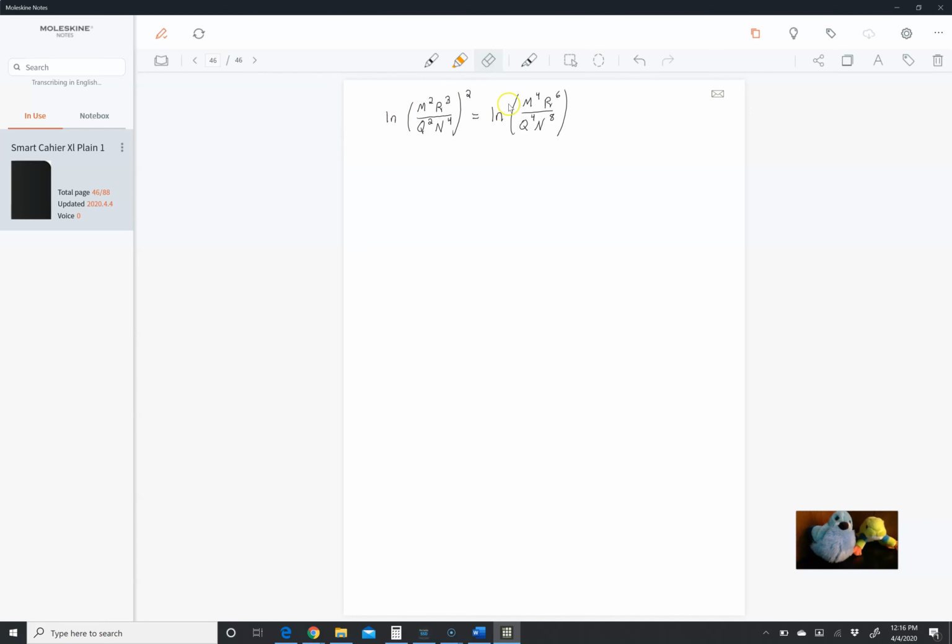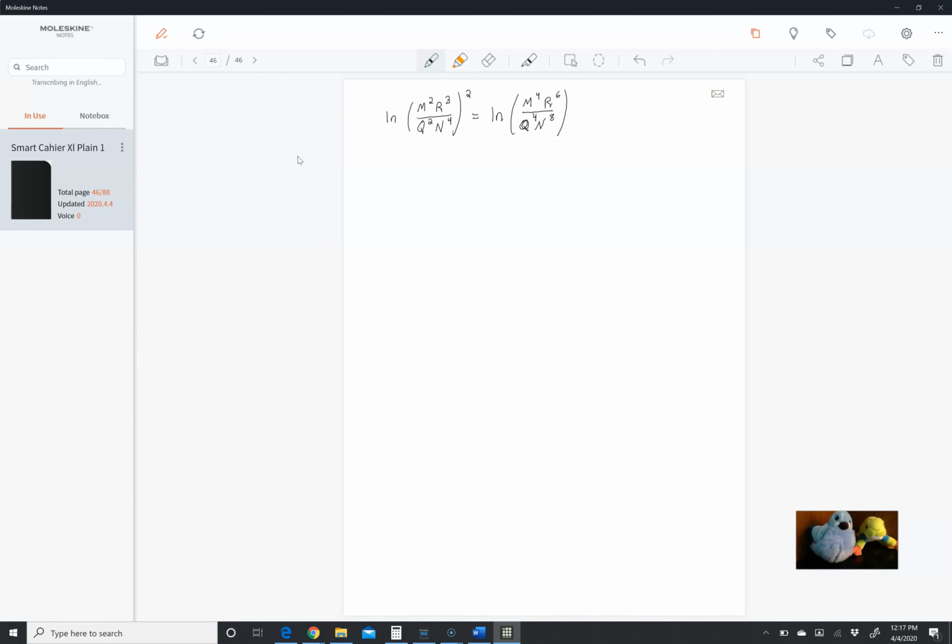We know that the log before m to the 4th and r to the 6th is going to be positive, and the log before q to the 4th and n to the 8th is going to be negative because those are in the denominator.